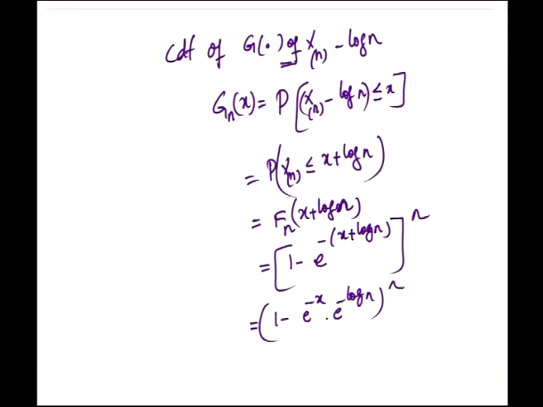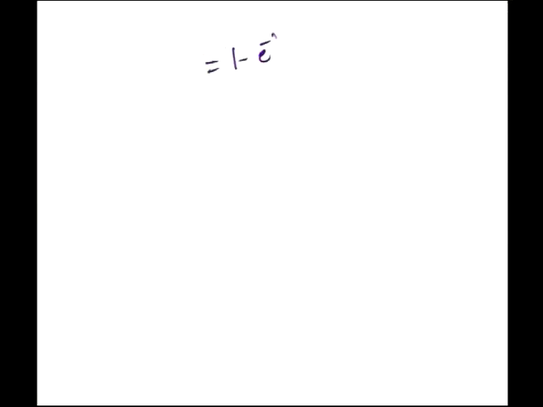E power minus log n is 1 minus e power minus x e power log of n power minus 1 the whole power n. E power log of n power minus 1 is 1 by n. So, it is written as 1 minus e power minus x by n the whole power n.